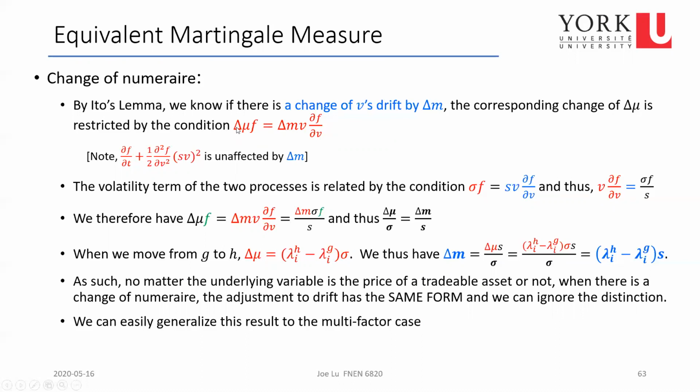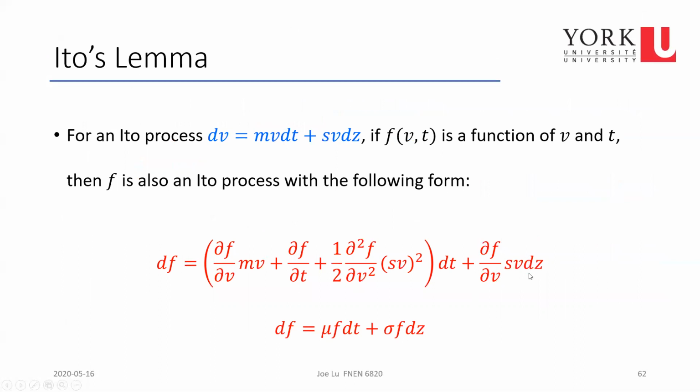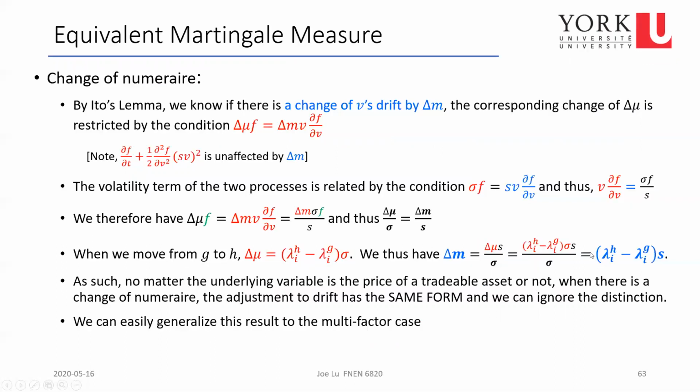Okay, so there's a linkage between the changes. And as mentioned, there's a linkage between the second term here. This part is equal to this. So you put them together, and this change is equal to that.